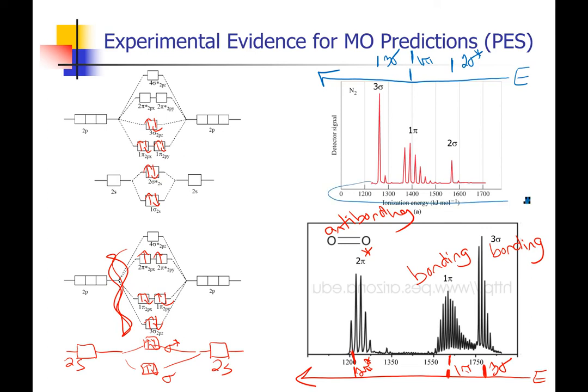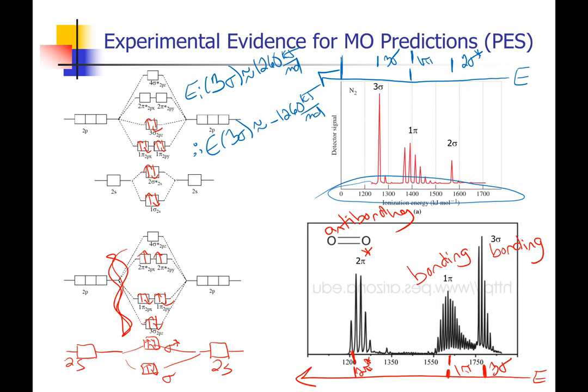You're seeing the ionization energies, which are in positive numbers, which represent the gap in energy between the orbital and the 0 point. And so if the ionization energy of the 3 sigma is about 1260 kilojoules per mole, then that means that the energy of the 3 sigma is about negative 1260 kilojoules per mole.